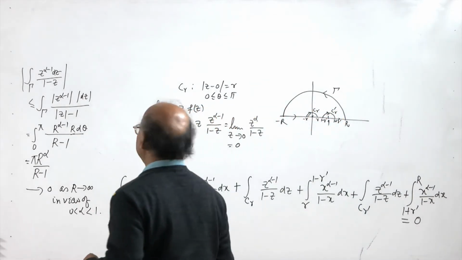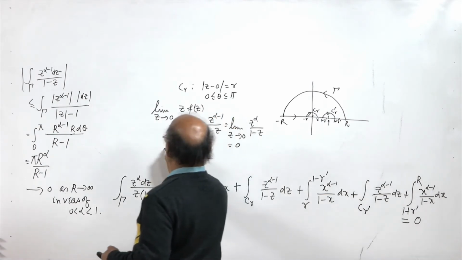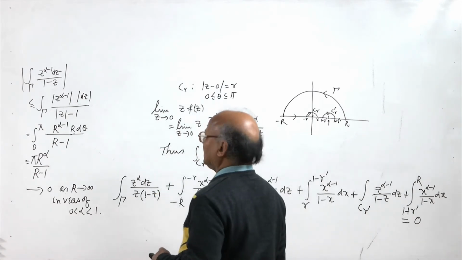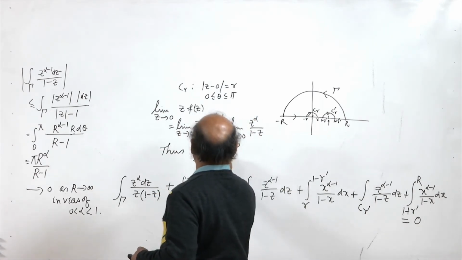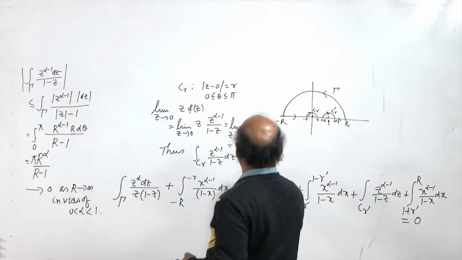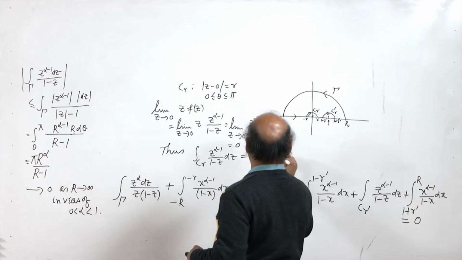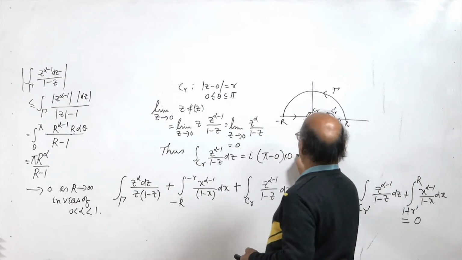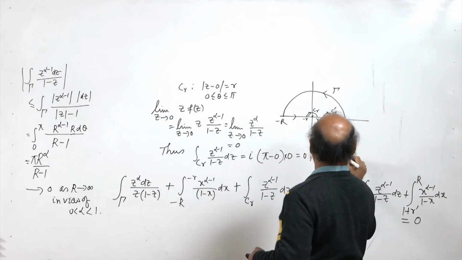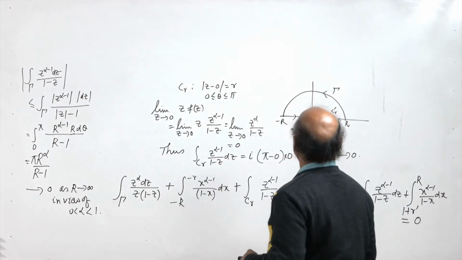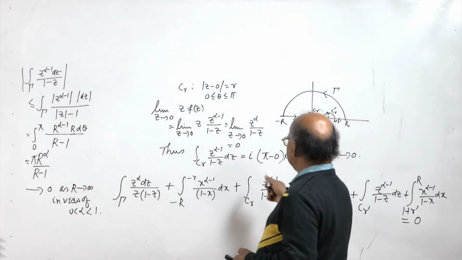This means that integral over CR of z to the power alpha minus 1 upon 1 minus z dz is equal to i times beta minus alpha, that is pi minus 0, times k, k is equal to 0 here. So, into 0 equal to 0 as r goes to 0. So, when the radius of this circle CR goes to 0, this integral goes to 0.